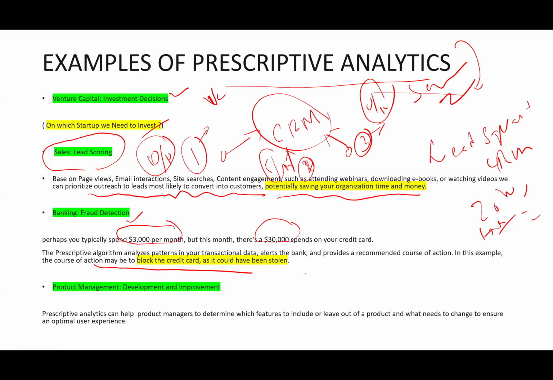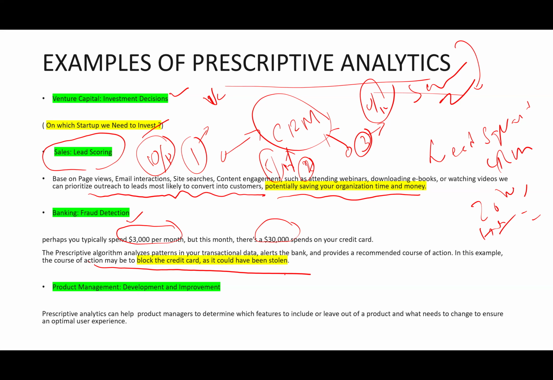Here, it recommends to the banking system to block the credit card, because it thinks it has been stolen. Yes or no? It is preventing the risk. Then we go and call customer management: my credit card has been blocked, please unblock my credit card.